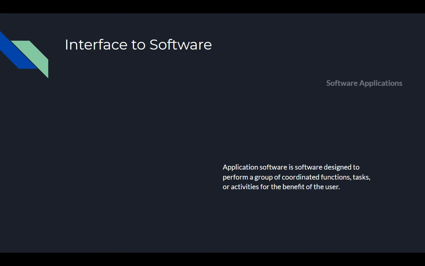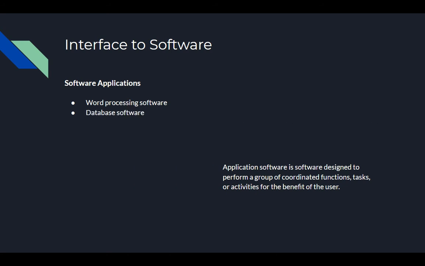Interface to software. Software is the things that we'll see on a screen, such as a game or PowerPoint. These different pieces of software are ways that we can communicate with the computer to get it to do things. There are a variety of different ways that we can interface with these, such as different computers communicating with each other, or we can have something such as a keyboard or a mouse, which we can use to interact with the software.